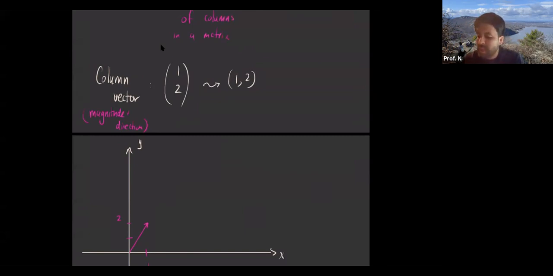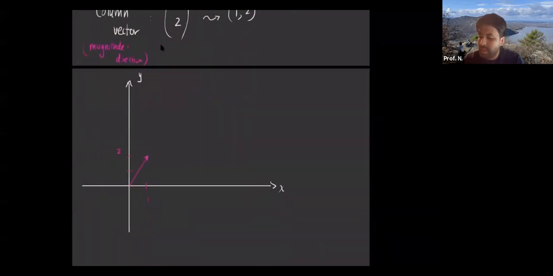So (1, 2) indicates that my vector starts from the origin and stretches forward to that point. And what's the other vector? (1, 3). (1, 3) is going to be somewhere here, right? So this is my other vector.